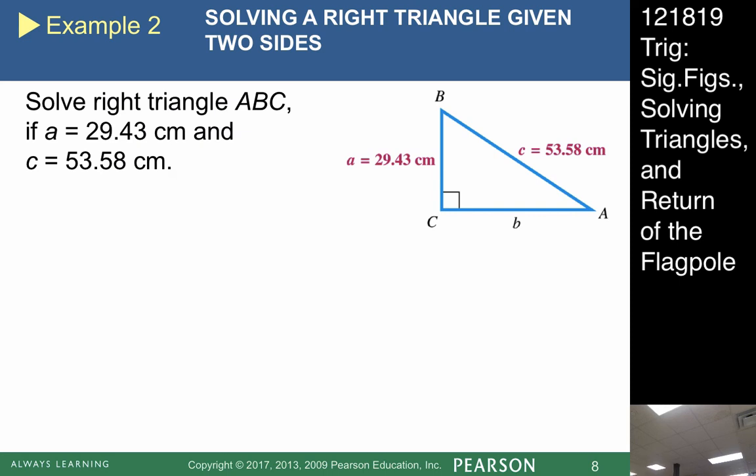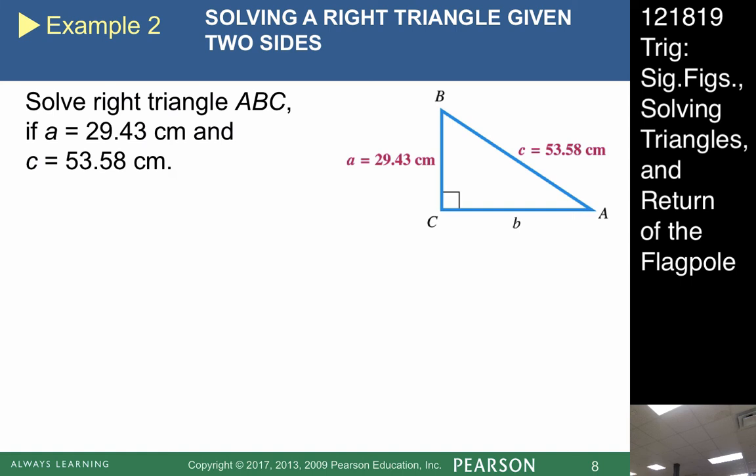I see. Cosine 33.3 equals 29 over b. Wait, you're saying cosine of this equals 29. No, cosine would be b over c, adjacent over hypotenuse. Okay. So tangent of... Great. Let's do some tangent.